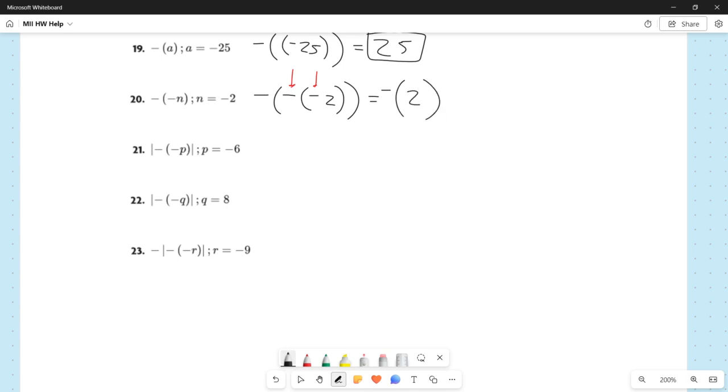So the two negatives on the inside effectively cancel each other out because a negative of a negative is a positive. But I still have the original negative, which is here. So my final thing over here on the right is negative parentheses 2, the parentheses go away, and my final answer is just negative 2.